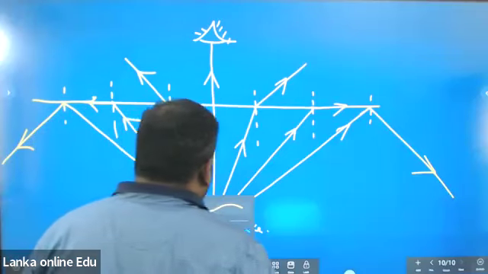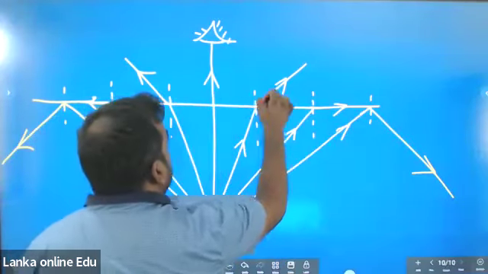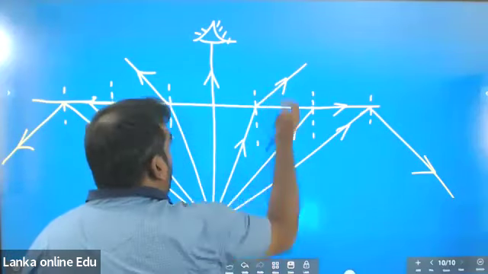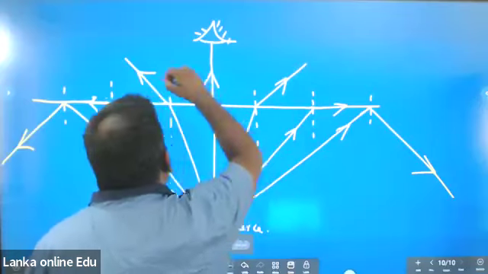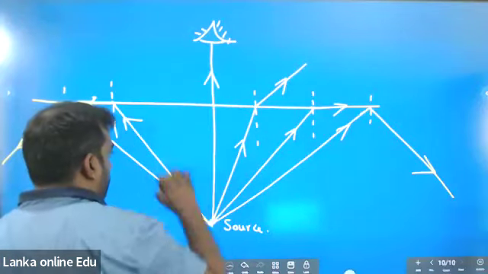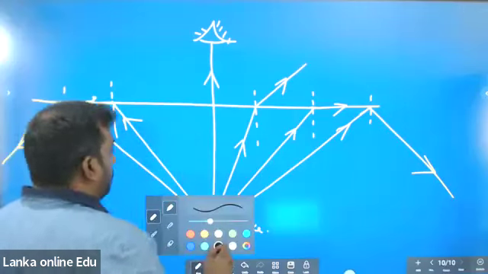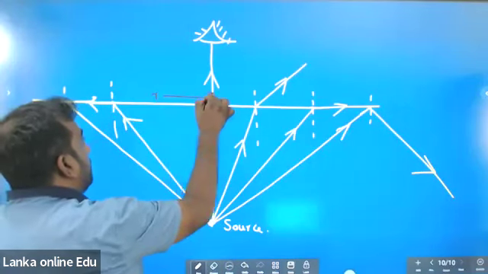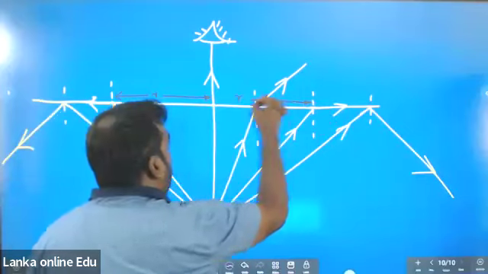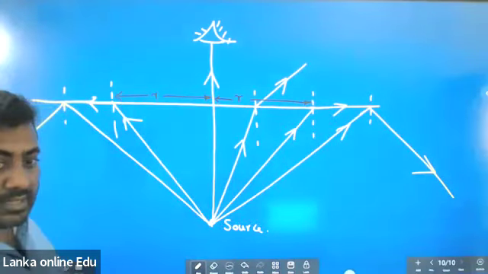So we will need to find the radius here. I'll erase one part because it's drawn symmetrically. Here we go. We need to find the radius. Both are the same.